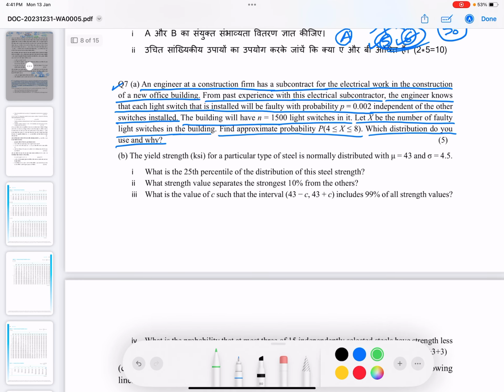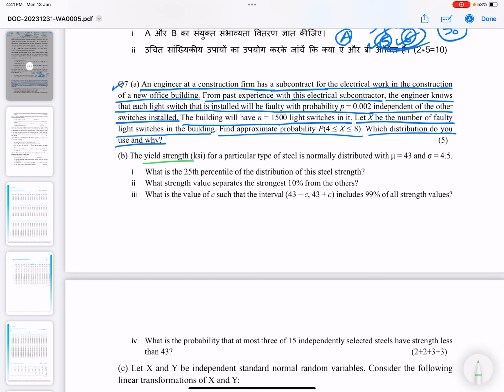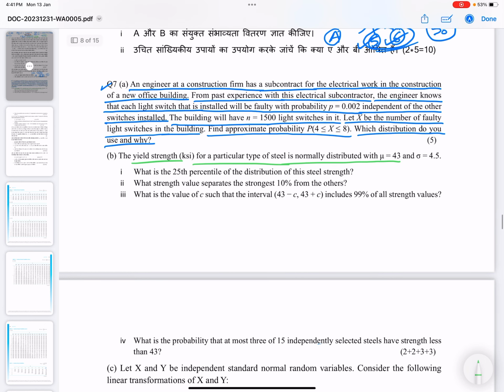The yield strength for a particular type of steel is normally distributed, so X follows normal with mean 43 and standard deviation 4.5. This is given to us. What is the 25th percentile of the distribution of this steel strength?